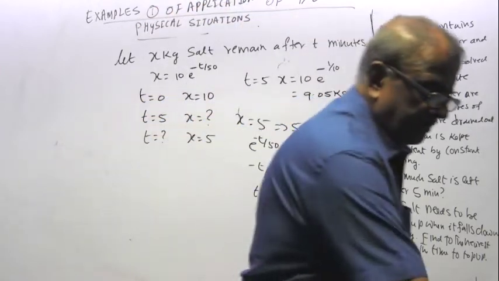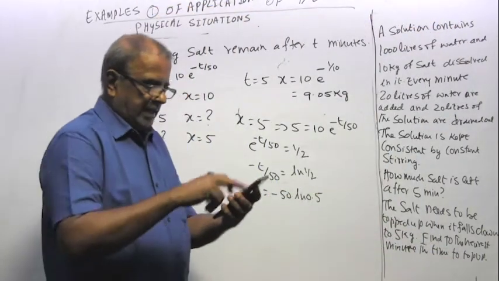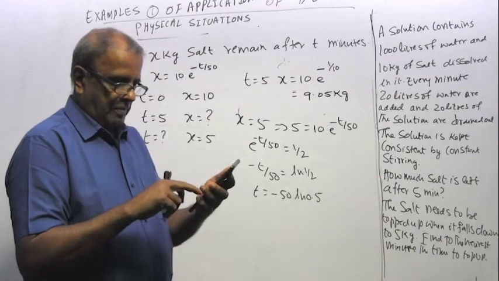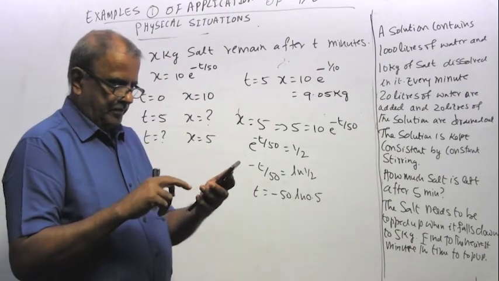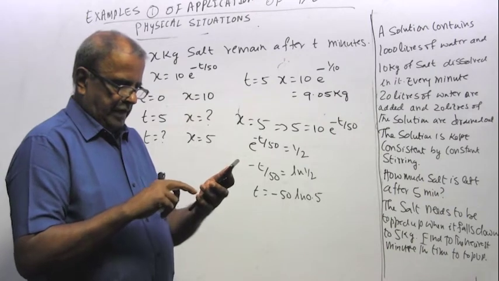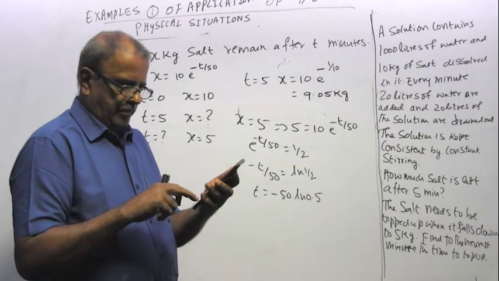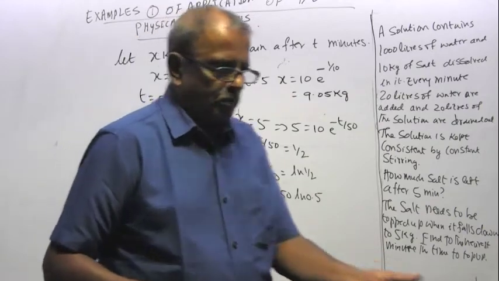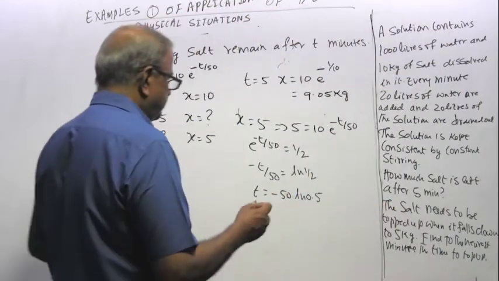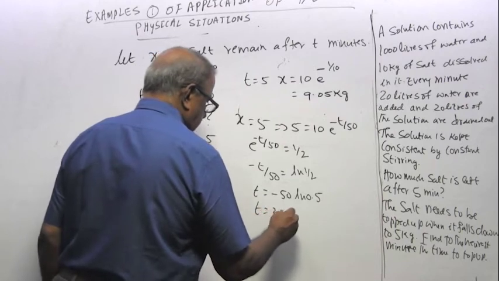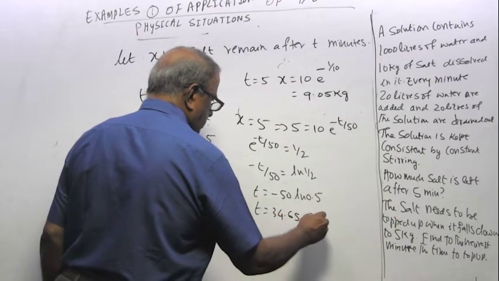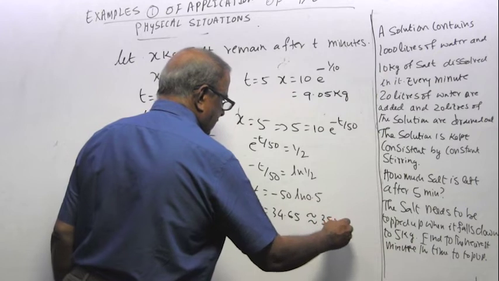Let's do that. Minus 50 times ln 0.5. 34.65. T is 34.65. So approximately 35 minutes.